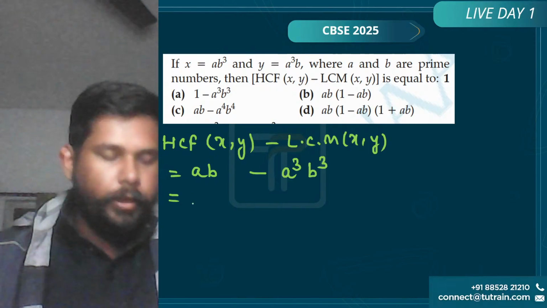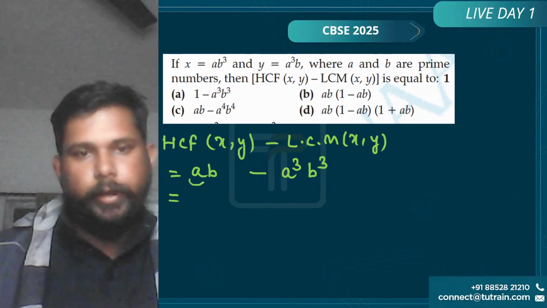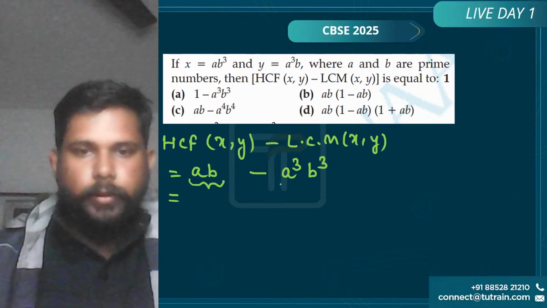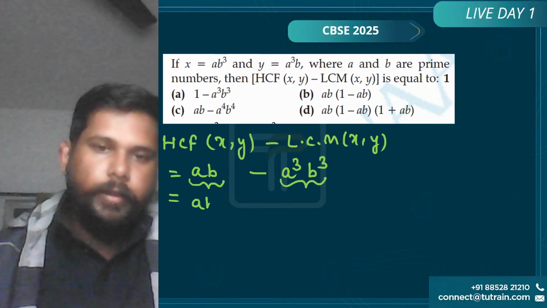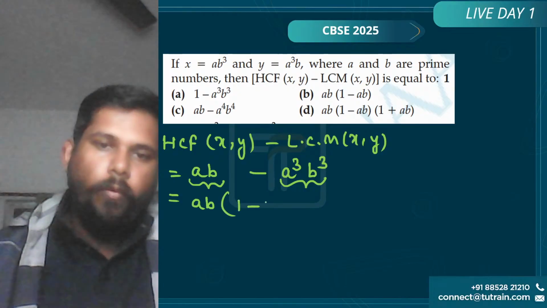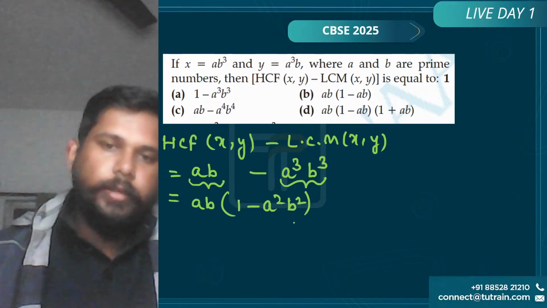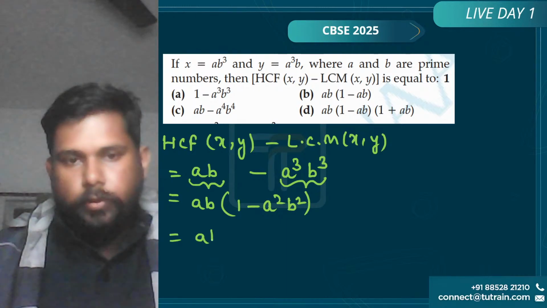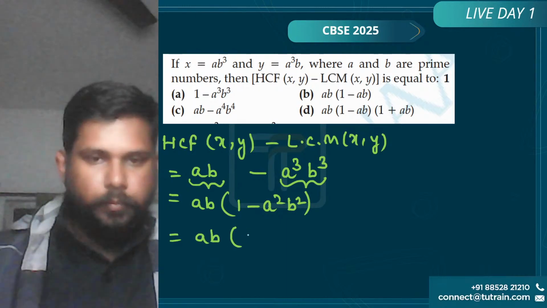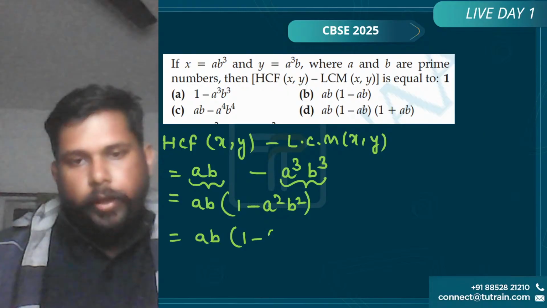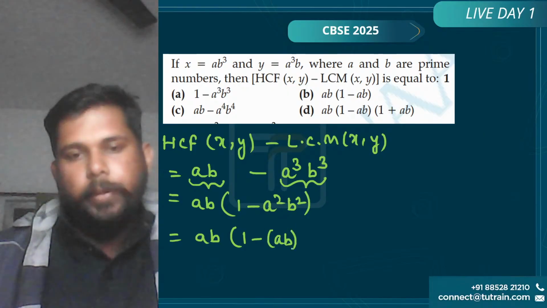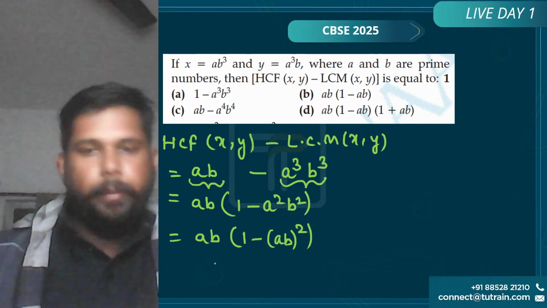Now here if I take ab common, what are we left with inside? It is 1 minus a square b square. So it is equal to ab, then we can write a square b square as ab whole square.